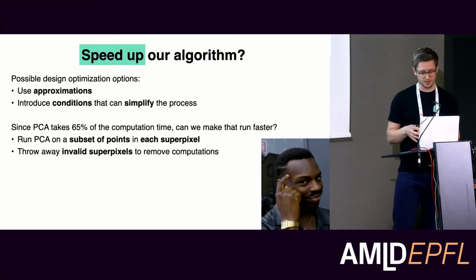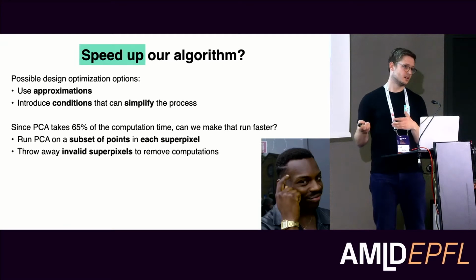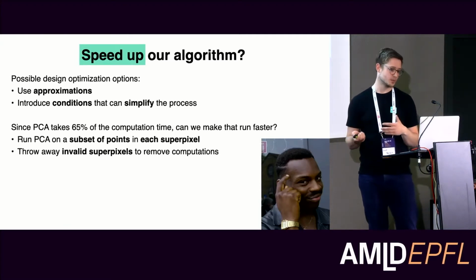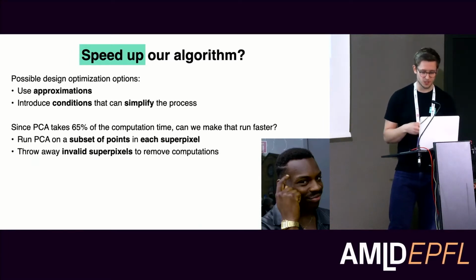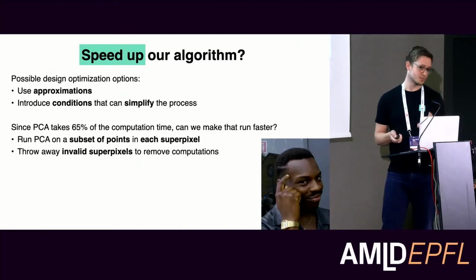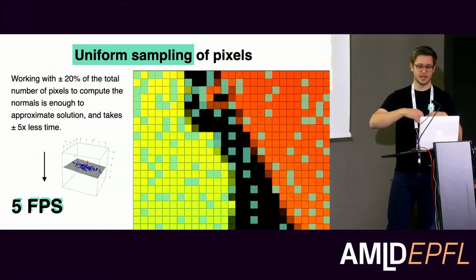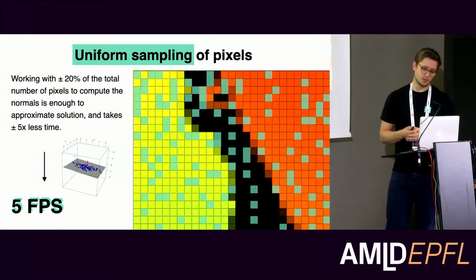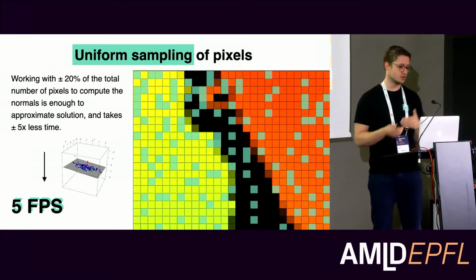And in our case, for example, PCA takes 65% of the total computation time. So why don't we compute PCA on a subset of the points in each superpixel? Also, as you've seen in the beginning, there are quite a few superpixels which are completely invalid, and it's easy to see that they're invalid. Why don't we just kick them out beforehand? What I mean by sampling here is why don't we uniformly sample over the input superpixel list of pixels, and then only use a subset of that.